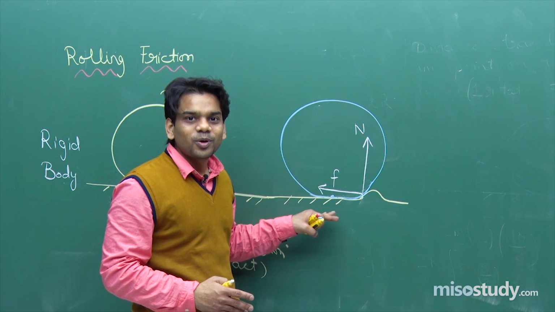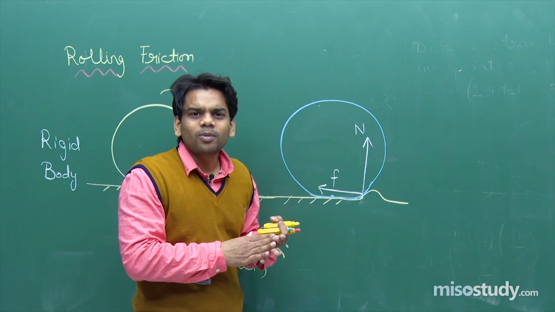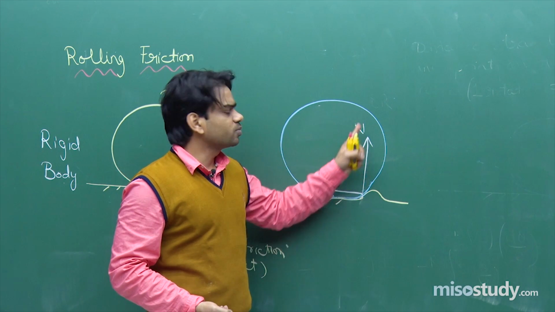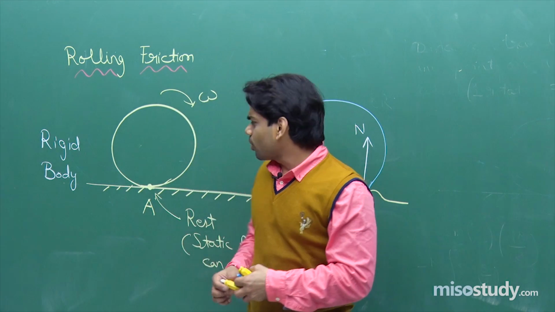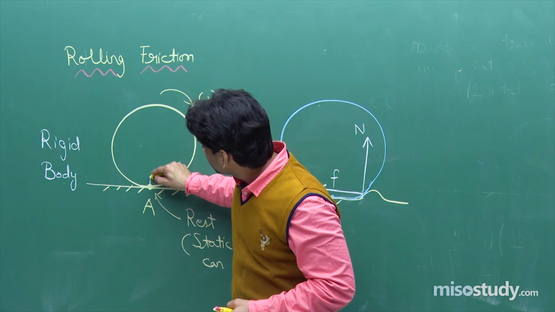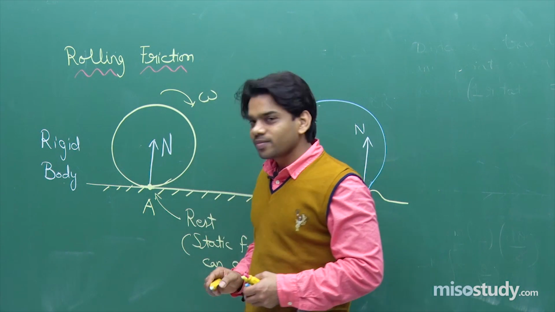You can see here, because this body will be deformed at the bottommost position. If you talk about a tire, you can think its bottommost position will be deformed and the normal will be somewhere here acting. The normal acting on this point will be given in this direction.